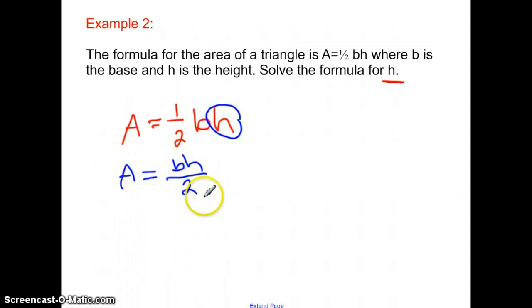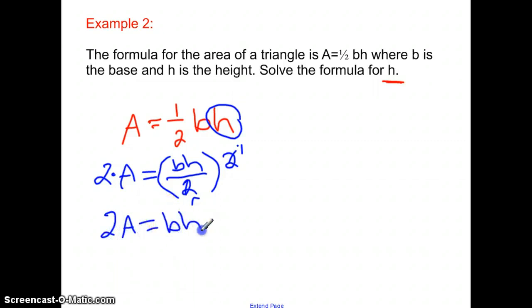To get h by itself, the opposite of dividing by 2 is to multiply by 2, and those simplify to 1. But if you multiply one side by 2, you've got to multiply the other side by 2. So now we've got 2 times the area equals base times the height.